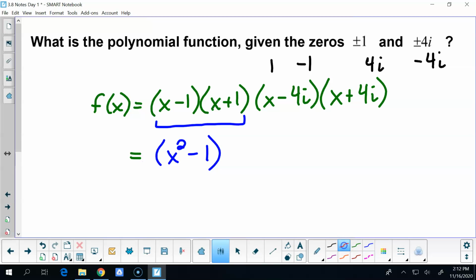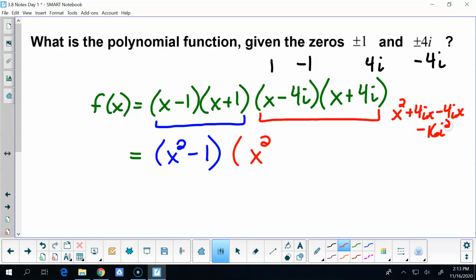I can multiply these 2 together, and that's going to give me x squared plus 4ix minus 4ix, and then minus 16i squared. But remember that i squared is negative 1, so this term right here is really negative 16 times negative 1, which is positive 16.